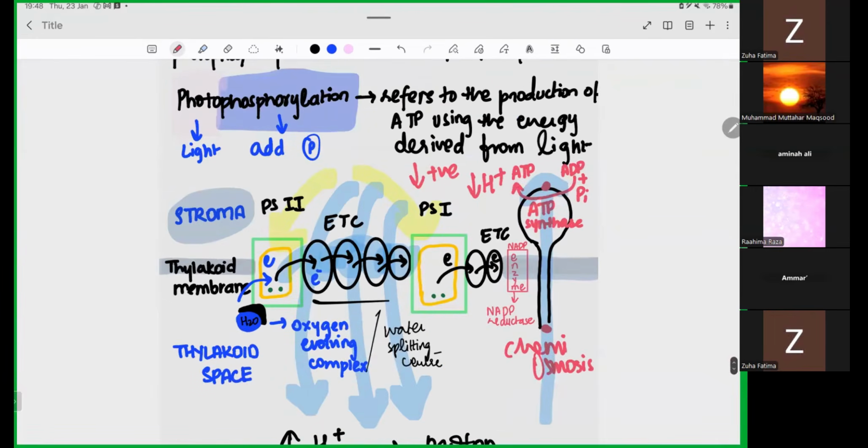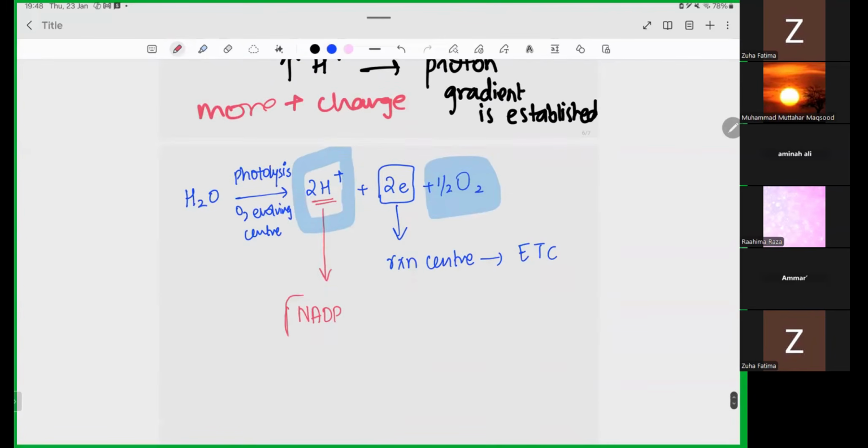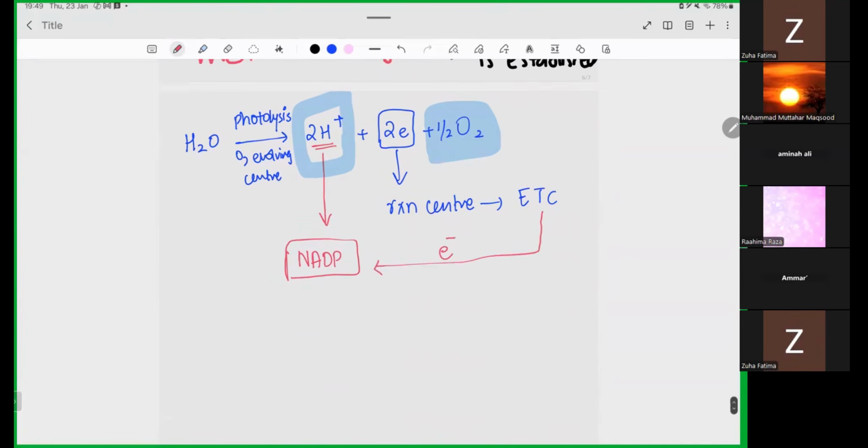And you would also notice कि हमारे पास जो ये enzyme है, जो ये NADP reductase है, it is present with an ETC protein complex. So not only does the NADP reductase combine NADP with protons, but it also acts as the final electron acceptor. So it takes the protons which came from the photolysis of water, and it takes the electrons from the ETC to form NADPH.